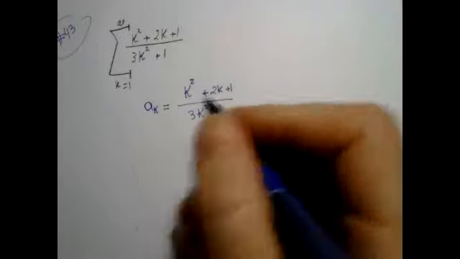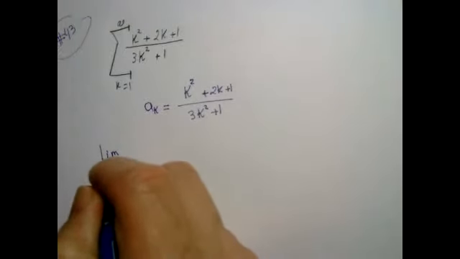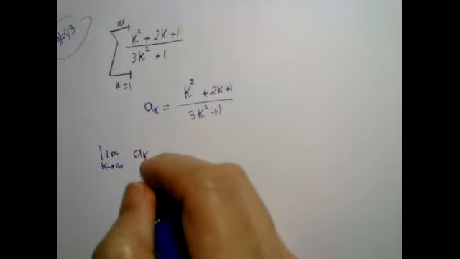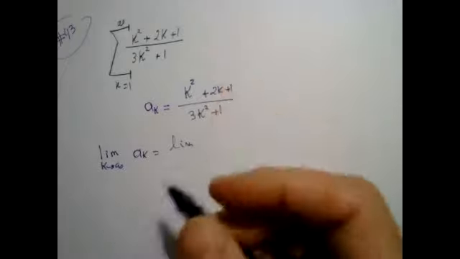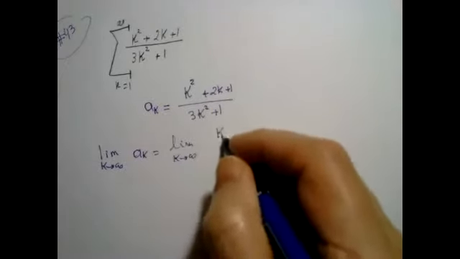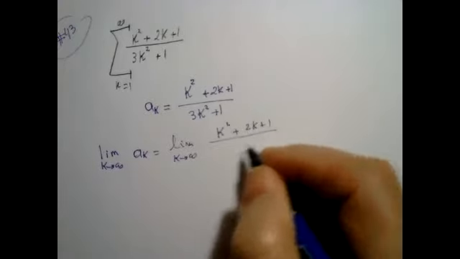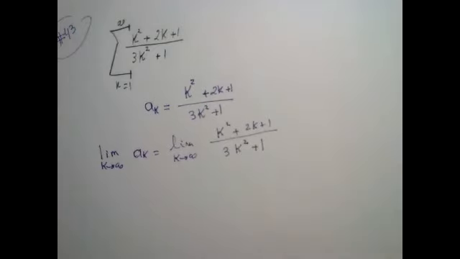So in this case, particularly, if we look at the terms, when k goes to infinity, the limit of a_k, because we should see something. When you look at this, you should start seeing stuff. That's k squared plus 2k plus 1 over 3k squared plus 1.